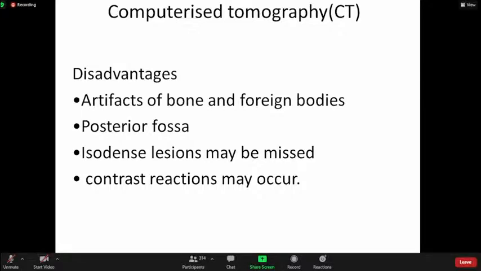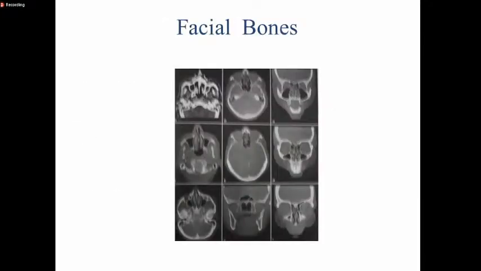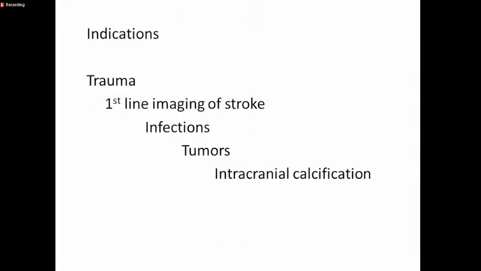Isodense lesions, when I say isodense, brain or neural tissue may be missed, but this is just relative because if you give contrast, sometimes you're able to see these lesions. And because sometimes we give contrast, reactions may occur, but I can tell you these are very, very rare. I want to skip that slide.